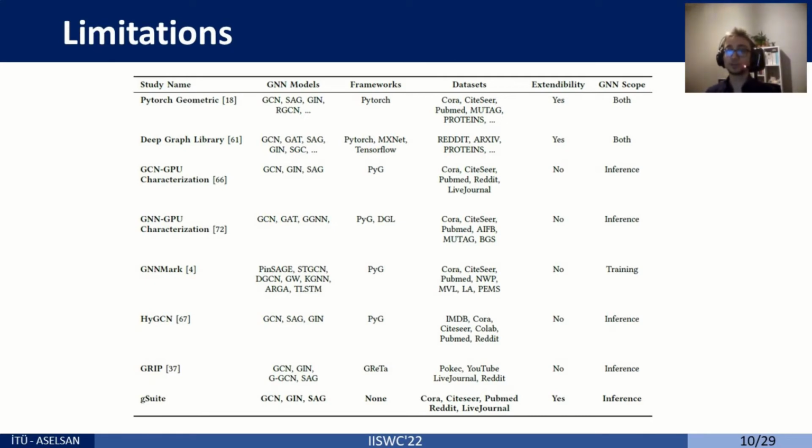These works also push researchers to interfere with their code base. Our study, on the other hand, can build any desired GNN pipeline by just passing a few parameters to the program. gSuite also does not have a dependency to any other frameworks or libraries, and currently includes 3 GNN models and 5 graph datasets.